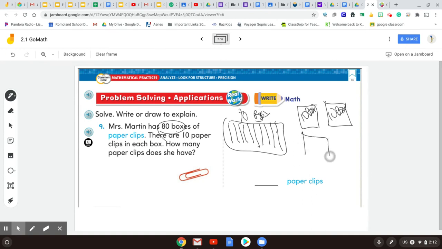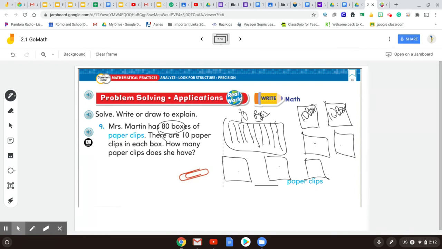I'm going to run out of room, I think. I'm going to come over here and make more. So I have 10 boxes, 20, 30, 40, 50, 60, 70, 80.